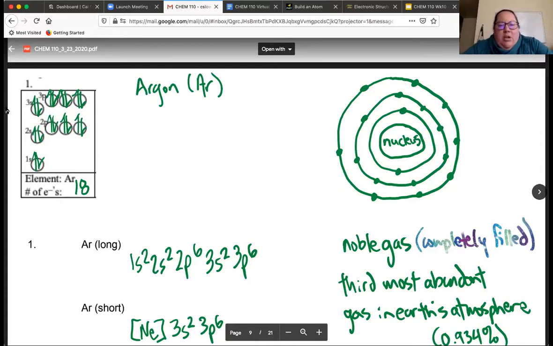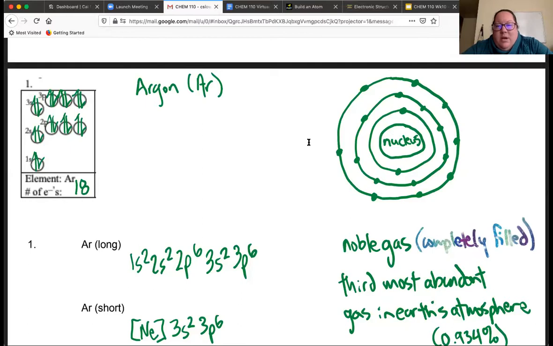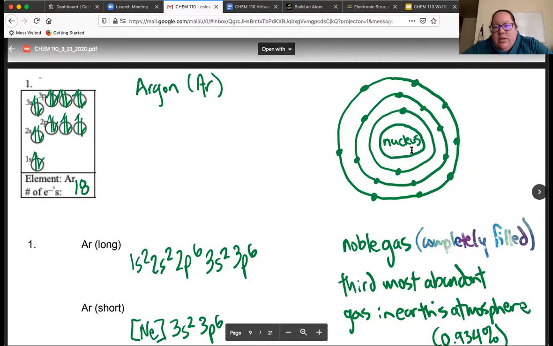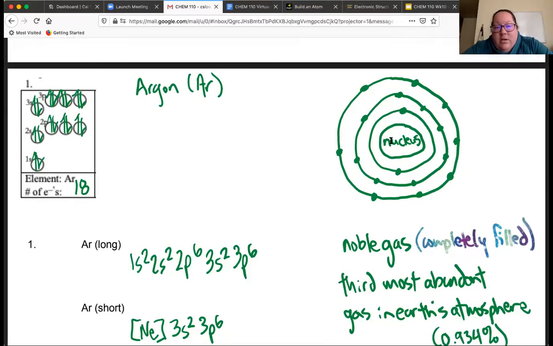Now, you can think of this a slightly different way. If I were to draw what an atom of argon would look like, I would have the nucleus in the middle. And in that nucleus, I would have 18 protons, 18 neutrons. But then around the outside of my nucleus, I would have the first shell, which would have 2 electrons in it.